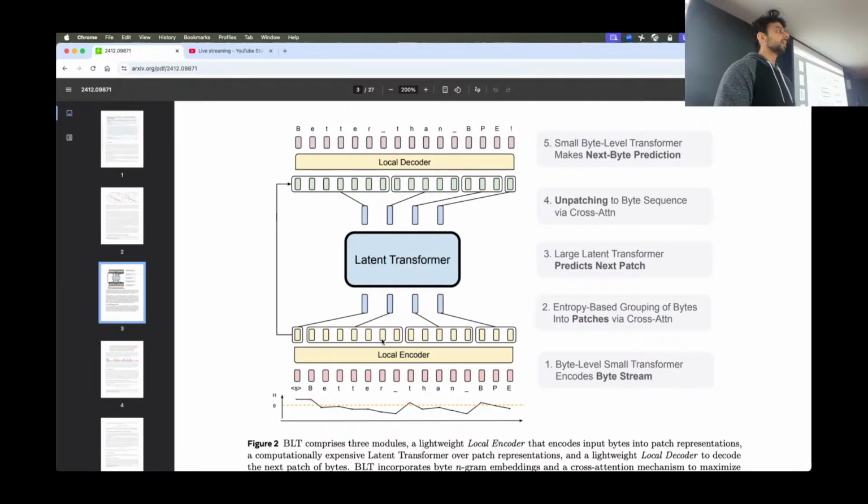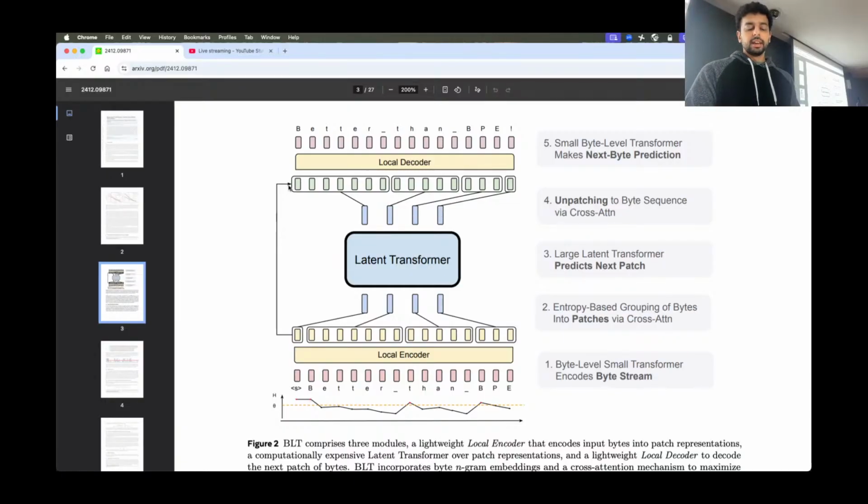The local encoder is intended to be very small because it's operating at the byte level. It doesn't have that much context. All it's doing is encoding some variable length short sequence of bytes into a single vector. So most of the parameters are in this latent transformer. These are the masked multi-head self-attention for L different blocks. Then at the end, we get these 4 final layer hidden states.